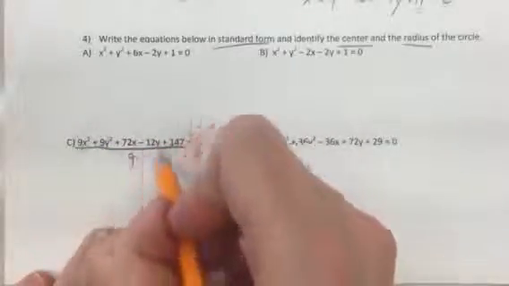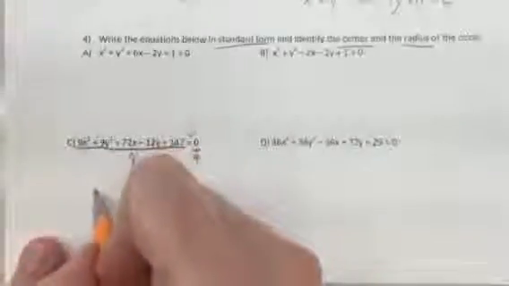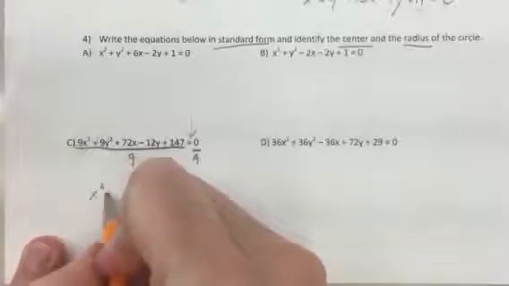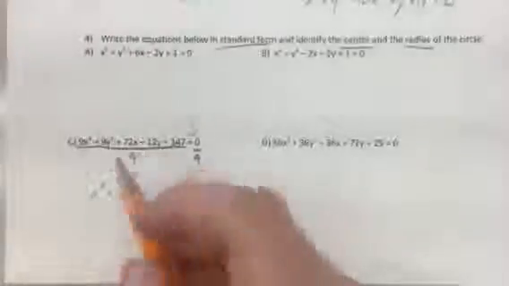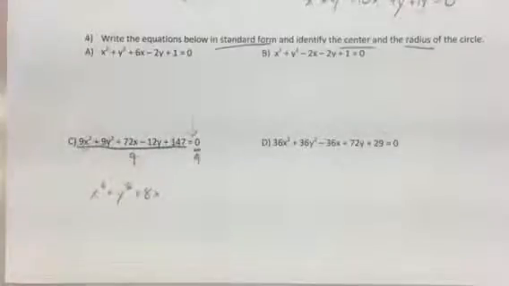So if I'm dividing this side by 9, I actually need to divide each individual part by 9. So 9x squared divided by 9 is just x squared. 9y squared divided by 9 is just y squared. 72 divided by 9 is 8x. Negative 12 divided by 9 is actually a fraction, right?